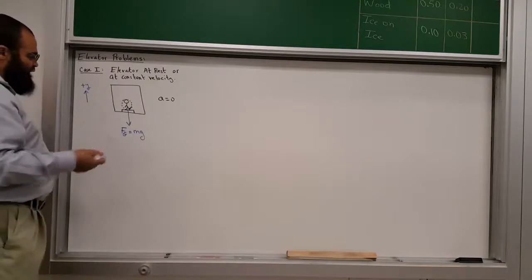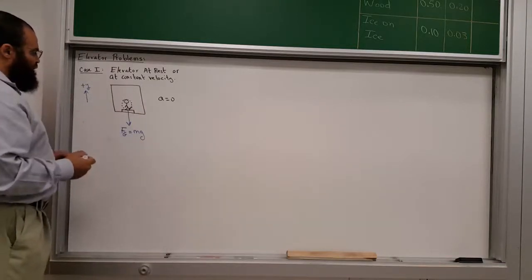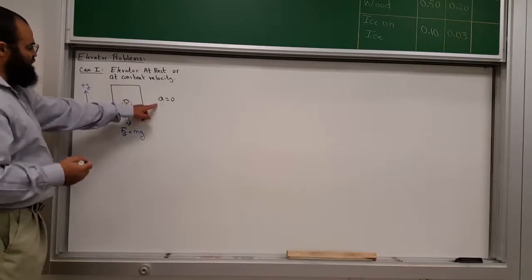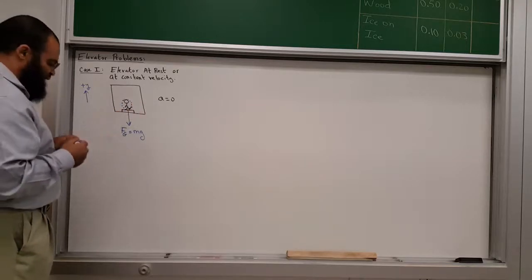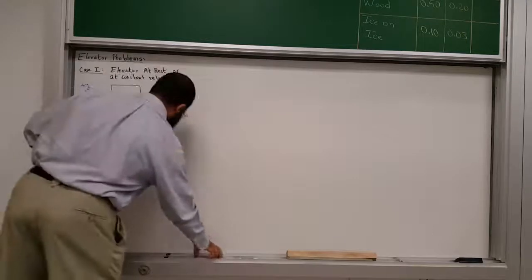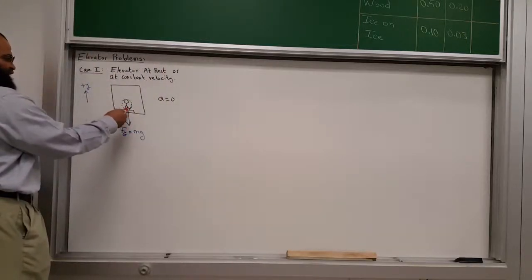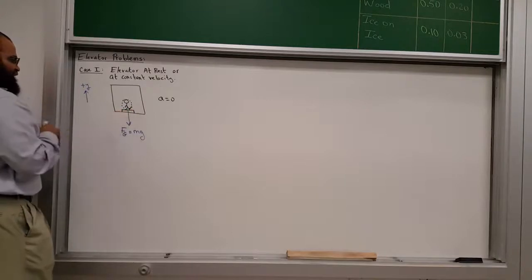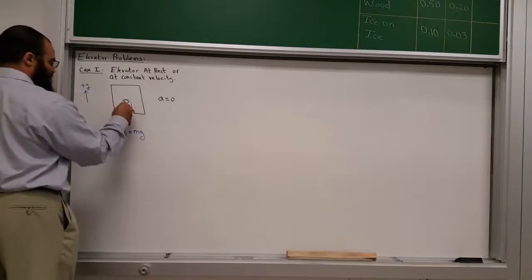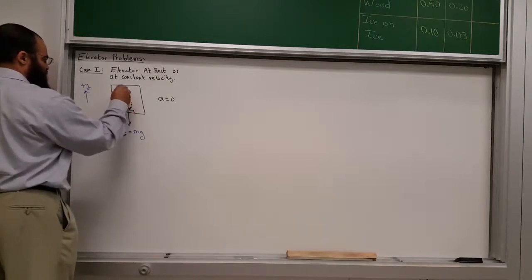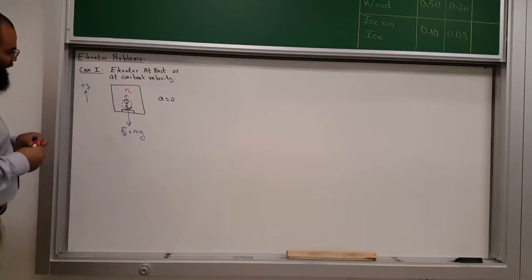So if you only had gravity, you would have to fall. But you're not. Your acceleration is equal to 0. The net force is 0. So there has to be another force, and that force is a contact force. It's due to your contact with this scale here. You're standing on top of the scale. And the contact force is the normal force here, and it's upward.